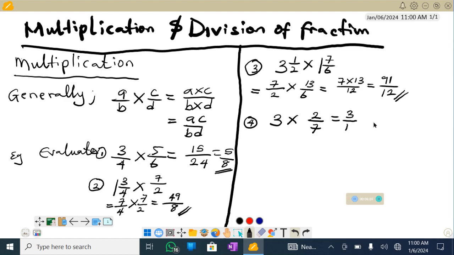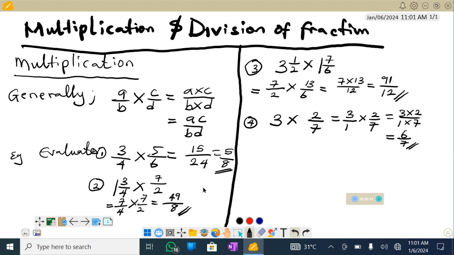It's just by putting it over 1, times 2 over 7. Now you can equally do what we have been doing, which is 3 times 2 over 1 times 7. That will give you 6 over 7. So I think we have solved different kinds of problems that one can be given in multiplication of fractions.